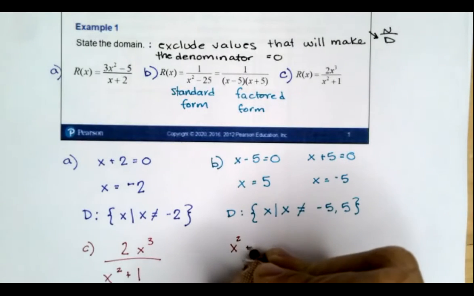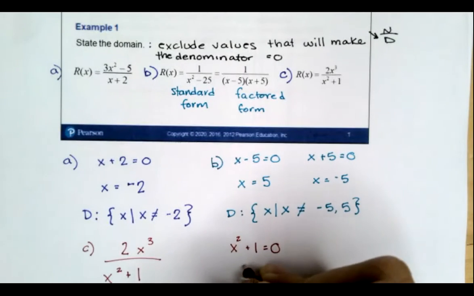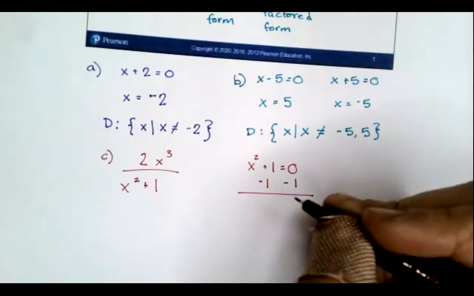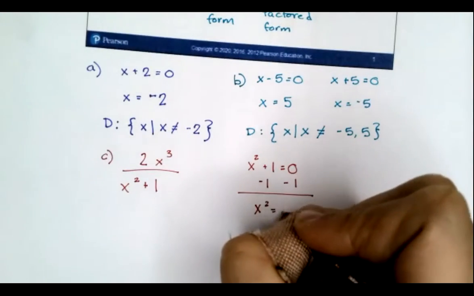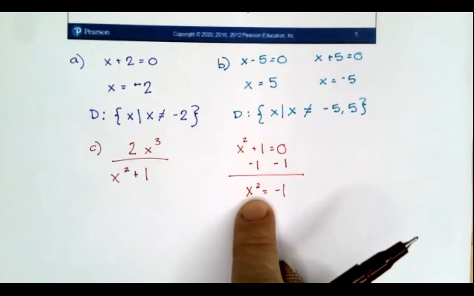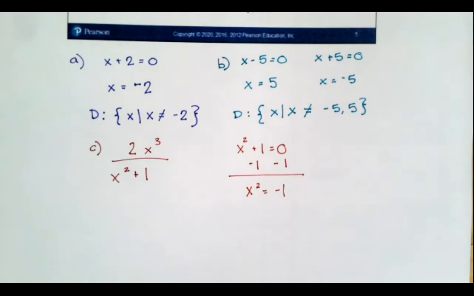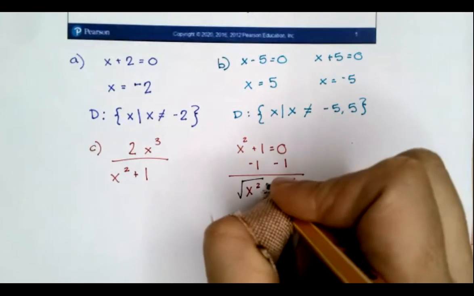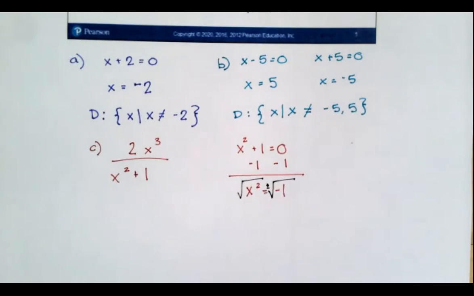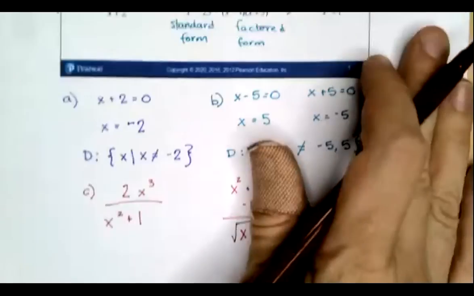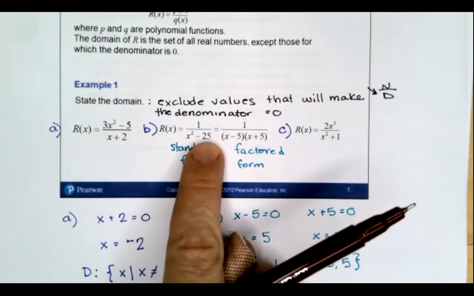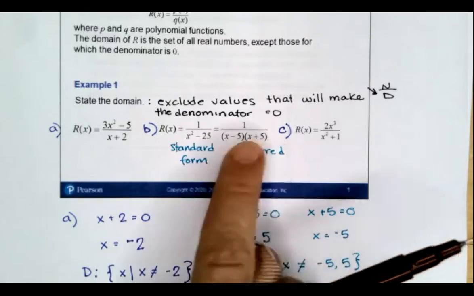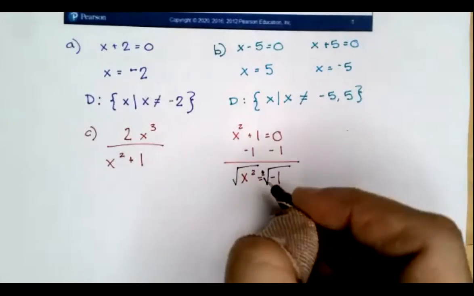So x squared plus 1 equals 0. So we'll subtract 1 from both sides. We get x squared equals -1. To eliminate the squared, we're going to take the square root of both sides. Remember, when you take the square root of both sides, you need to add and subtract the answer, because there are 2 possible answers to get 25, right? It could be a -5 squared becomes 25, or a +5 squared becomes 25.